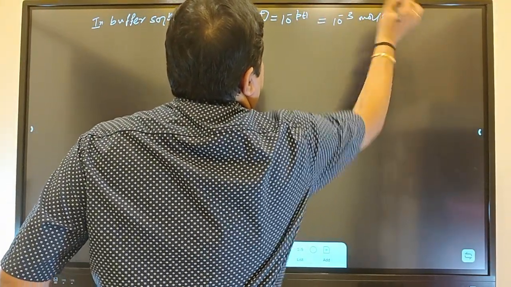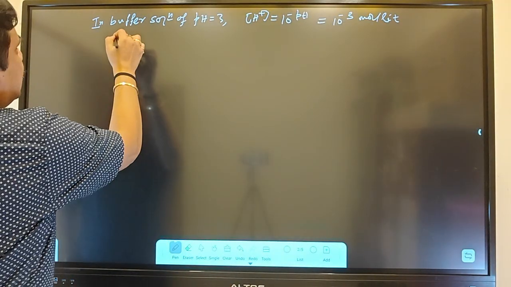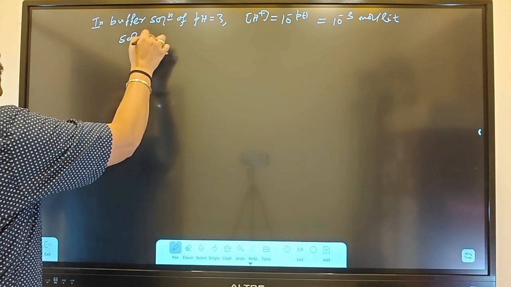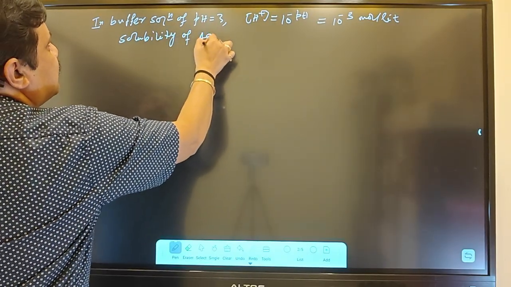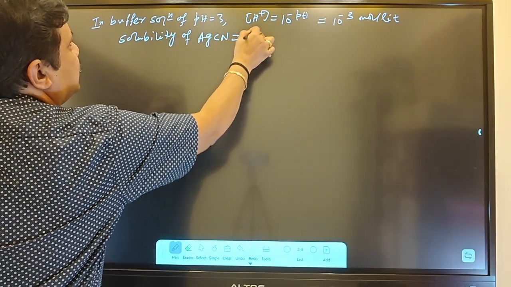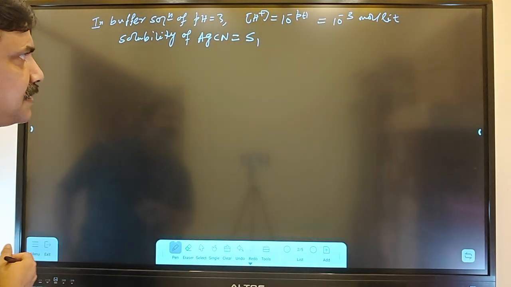So in the buffer solution of pH 3, I am taking the solubility of AgCN as S1, the new solubility in buffer solution of pH 3.